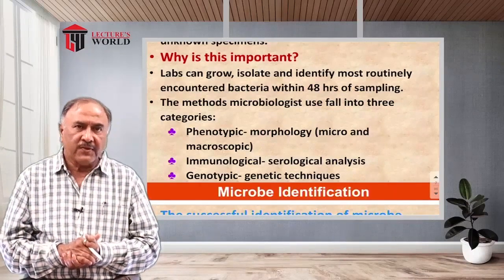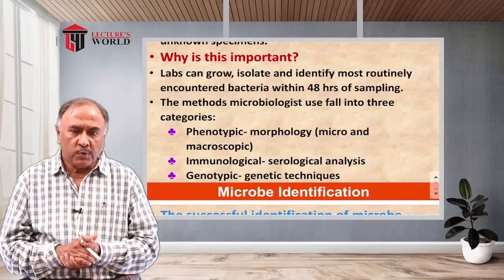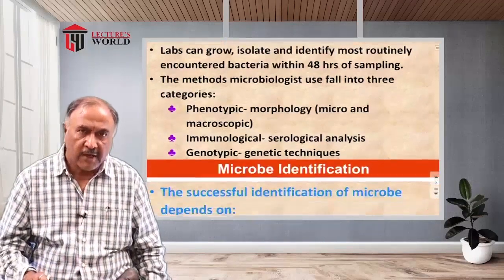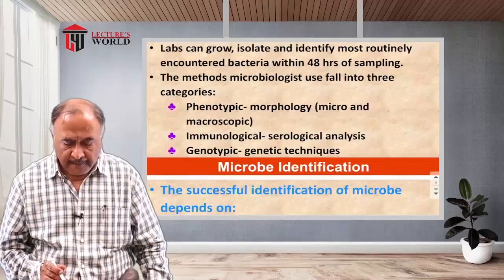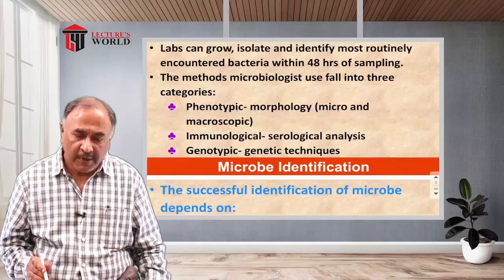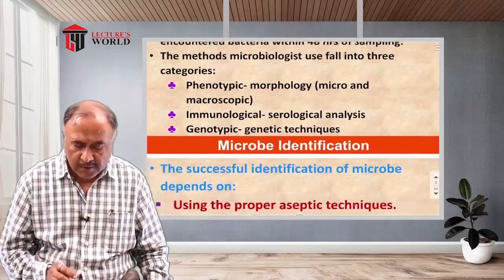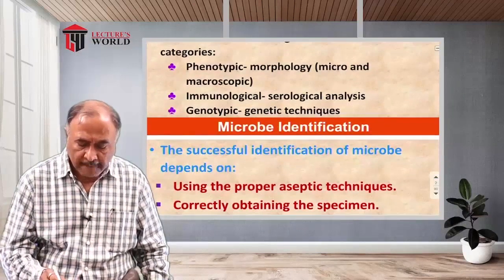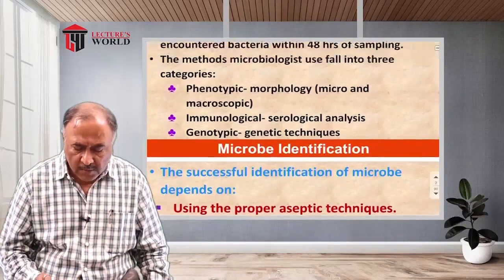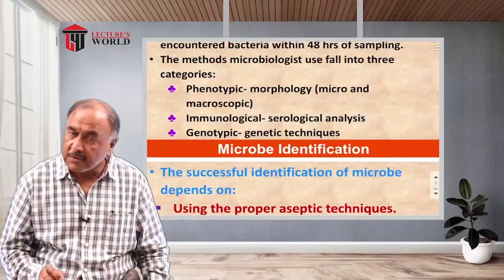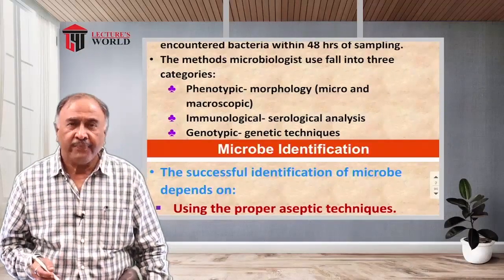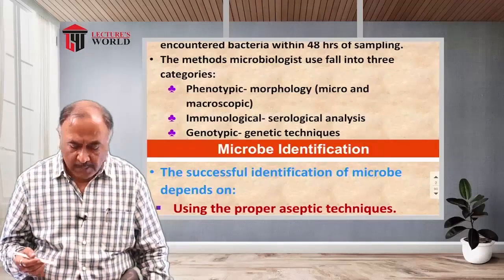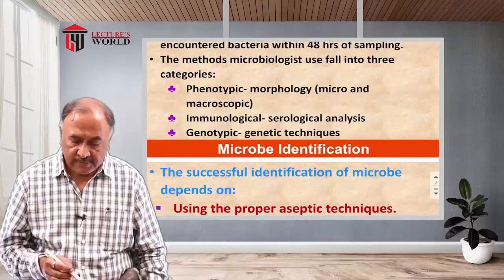And the methods which are commonly used for identification in a laboratory include phenotypic methods, which include microscopic as well as macroscopic studies. Then you have immunological or serological methods. And the third one is genotypic or genetic techniques.